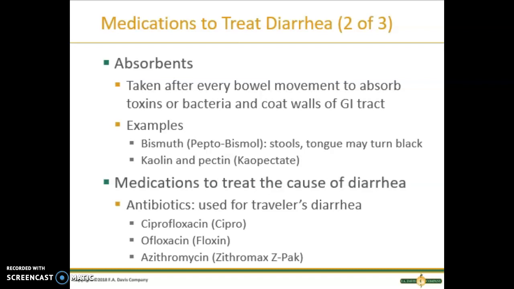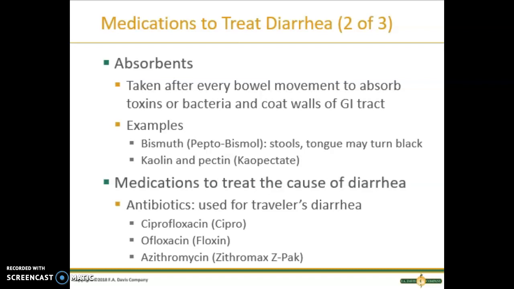So when we're doing patient education or you speak with a patient that's concerned about that, it is something that is seen. It is a normal interaction. And again, it's the interaction of the bismuth and the sulfide in the GI tract, and this causes that black color of the stool and tongue. Let's see, Kaopectate is another example.